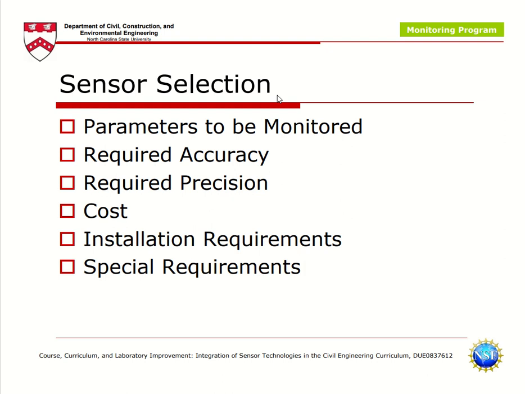If you want higher accuracy, you may have to pay a higher cost for that sensor. So you have to be very precise about how accurate you want your sensor to be, so that you purchase only a sensor that offers that much accuracy and not more than that.